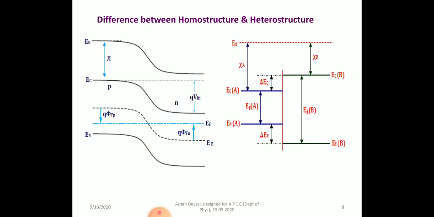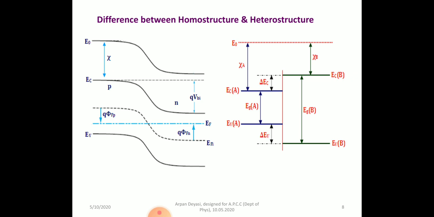Then the difference of the electron affinity will be the difference of the conduction band. It's clear from the figure. So the conduction band difference for a heterojunction depends on the difference of the electron affinity, whereas for a homojunction, it depends on the alignment of the Fermi level.